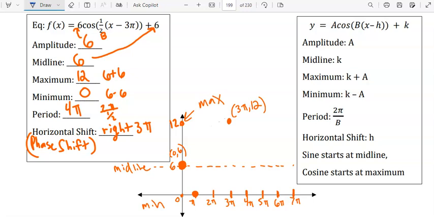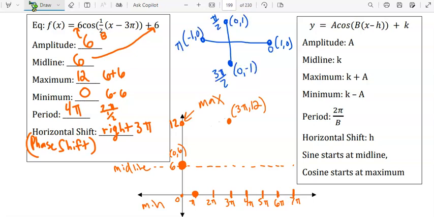So let's plot some points. If we plug in 0 for x, you'd have negative 3 pi over 2. And if we recall the points, negative 3 pi over 2, we go to right here, that's 0. 0 plus 6 is just 6.